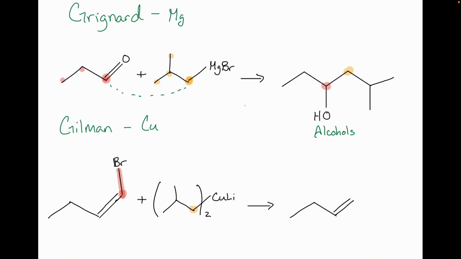We have to preserve our stereochemistry. So the bromine's sticking up on my reactant. That means my new bond has to be sticking up in my product. So here's my carbon at the base of the halogen. When I draw my new bond sticking up, that means that this has to be the orange carbon from my Gilman.